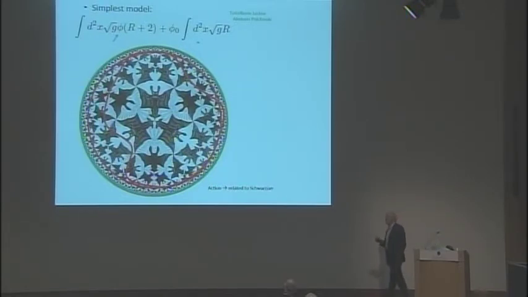And phi has some dynamics, the simplest being just a boundary term that fixes its value to be phi naught. What this corresponds to is the fact that in 2 dimensions, there are surely no gravitons.